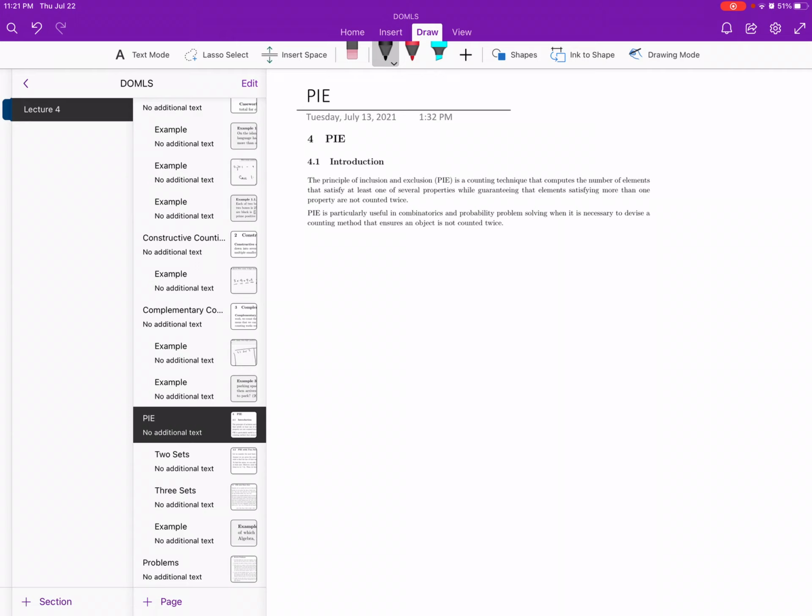I think it was one of the mid questions, and it might have looked like PIE would be overcomplicated with 5 sets for that problem, but in fact you had to use PIE with 5 sets in order to solve the problem. So yeah.